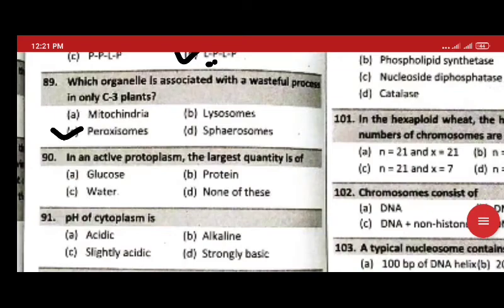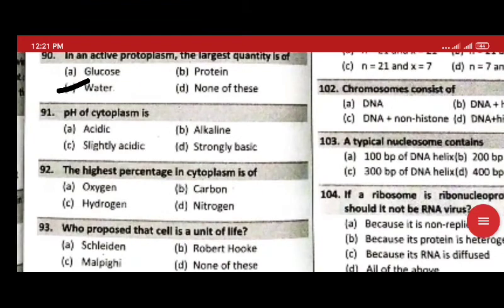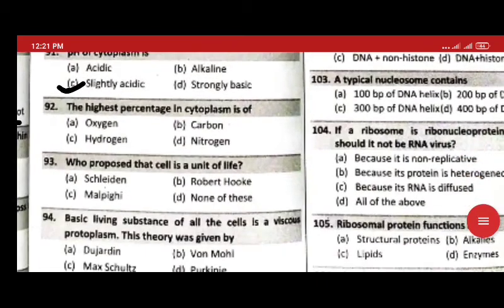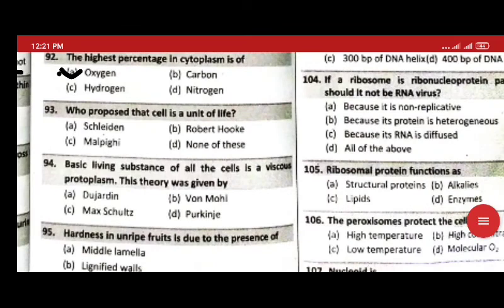In protoplasm, the largest quantity is water. So C option is that. pH of cytoplasm is, so pH of cytoplasm is acidic, so that is option C. Now the highest percentage in cytoplasm is of, so highest percentage is oxygen in cytoplasm.